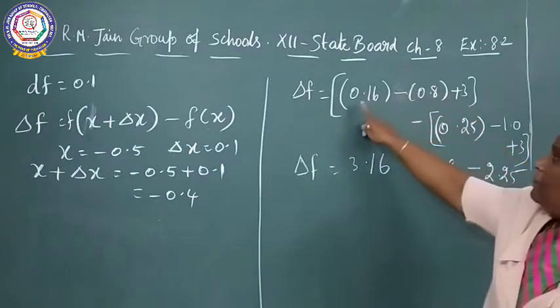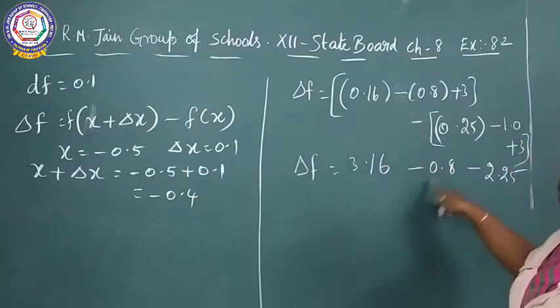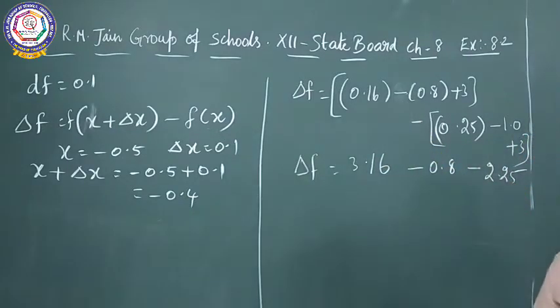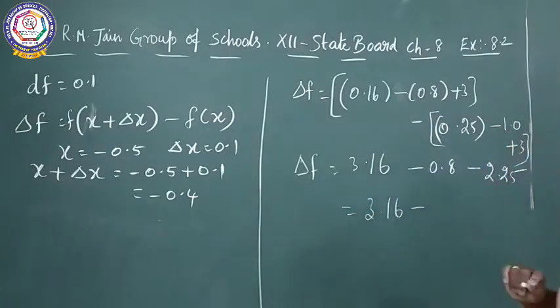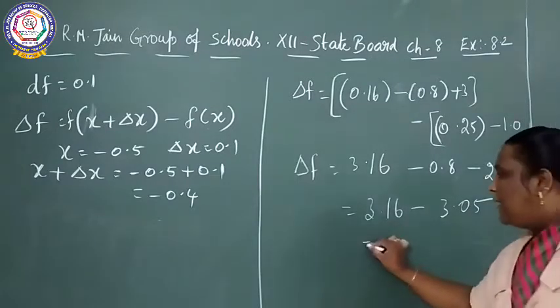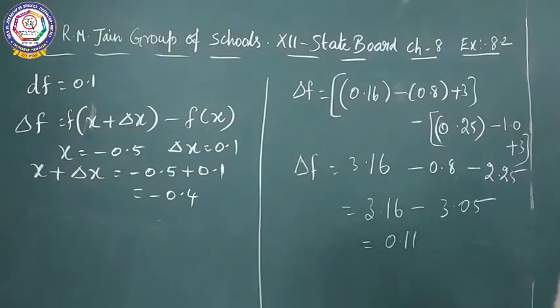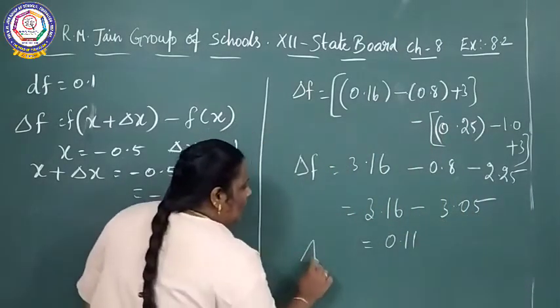So 3.16 minus 0.8, and simplify, you get the value 2.25 for the second term, which is 3.05 when you subtract. What is the value you are getting? 0.11.